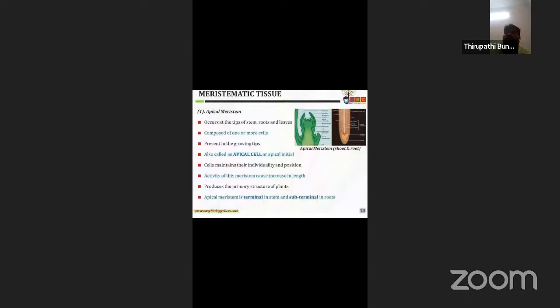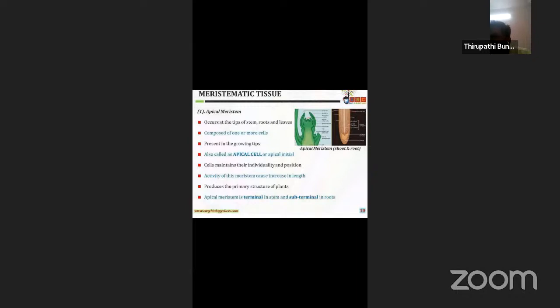Lower plants usually have a single apical cell, while gymnosperms and angiosperms have a group of apical meristem cells, located especially on the shoot, in young buds.